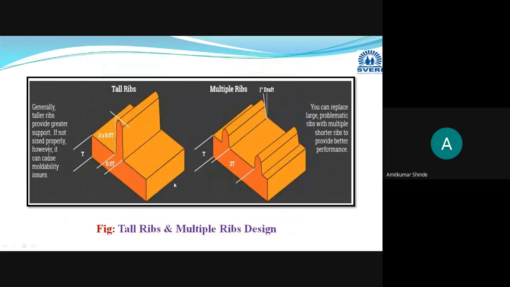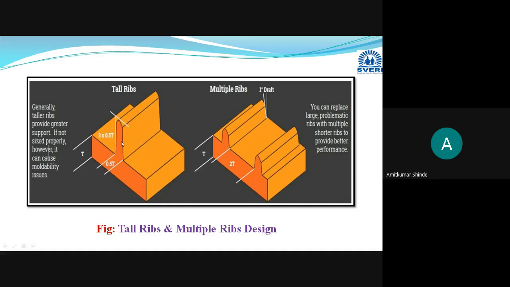Okay, now these are some design considerations. While making the modification or providing the rib, either you can go for a single tall rib, or the better design will be, instead of providing a single tall rib, you can go for a number of ribs, increasing the number of ribs.